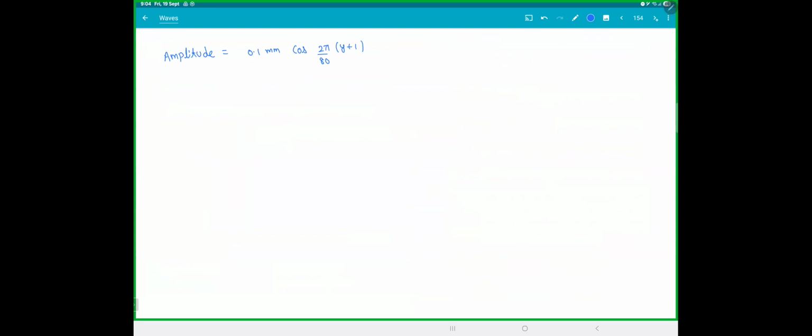Now notice something. If I put y is equal to 0, I'm neither getting maximum, nor getting 0, isn't it? So it's not a node, it is not an antinode at y is equal to 0. But if you notice, when you put y is equal to minus 1 centimeter, we get amplitude is maximum. Again, remember, this is your displacement amplitude.